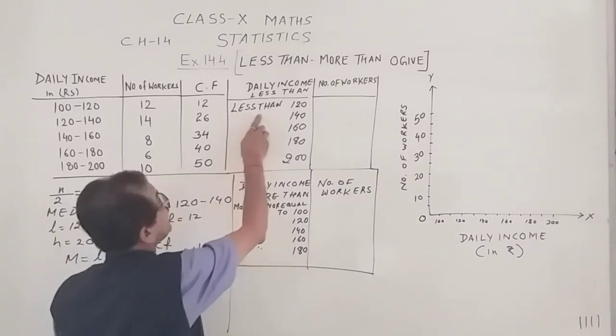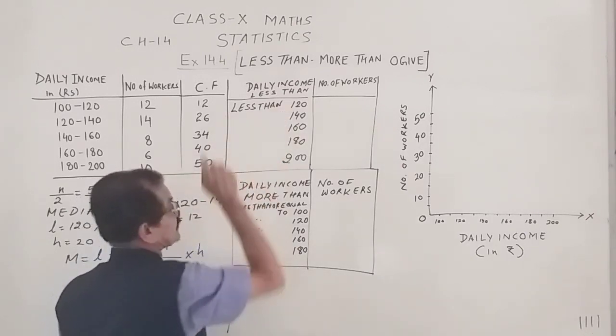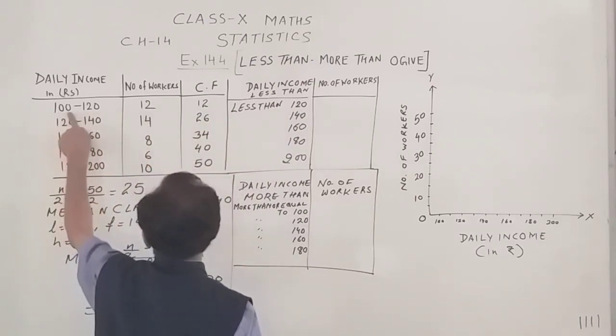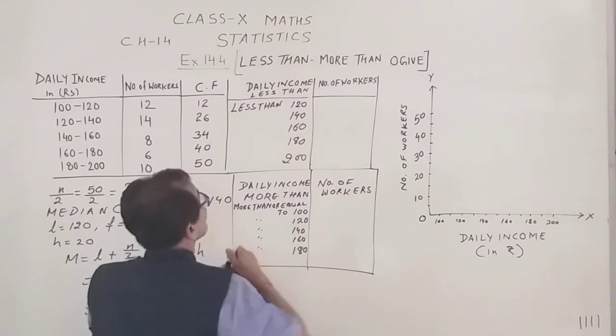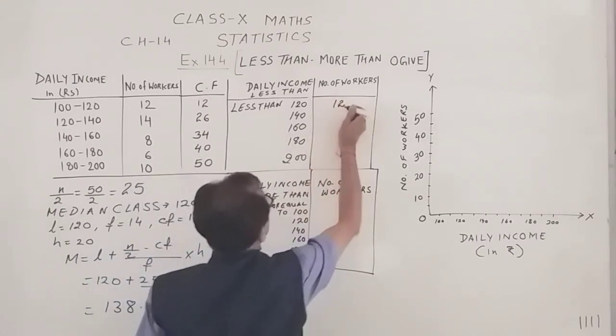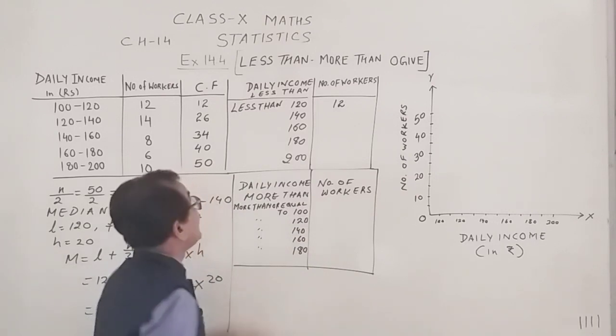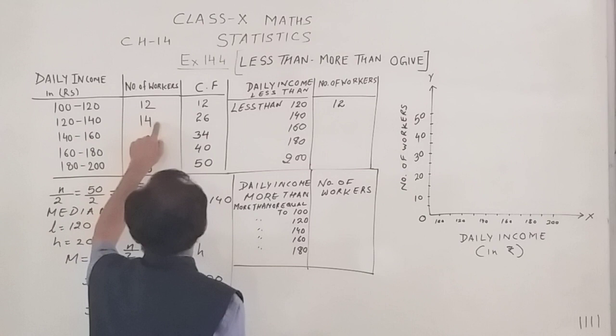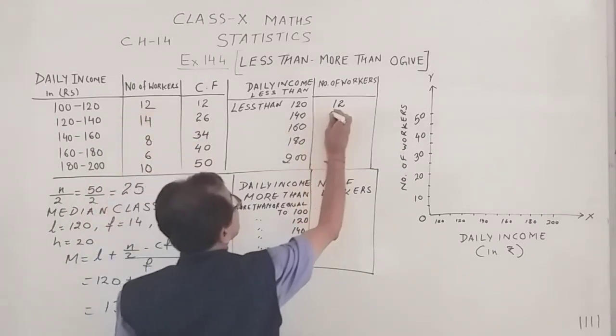Less than 120 rupees. Now, less than 120 rupees says that this table here contains 12 workers. So, less than 120 rupees, the workers are 12. Less than 140 is both these classes. That means the workers are 26.